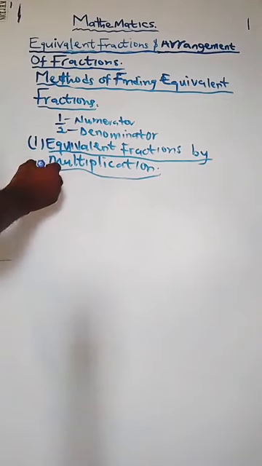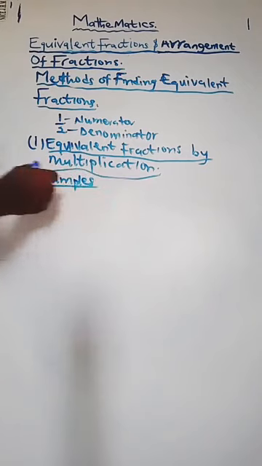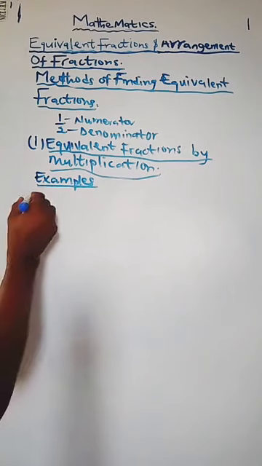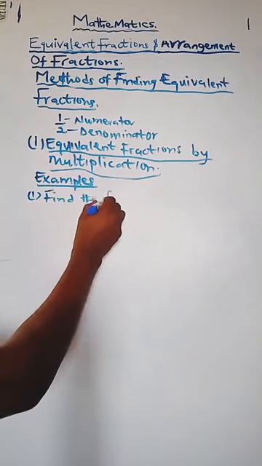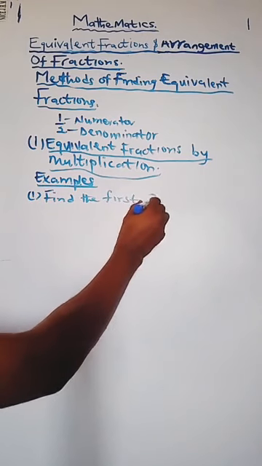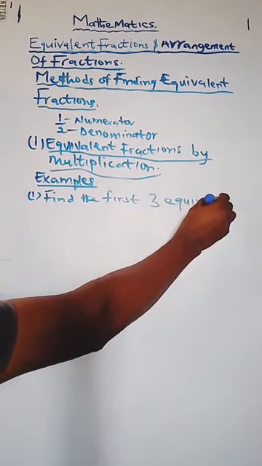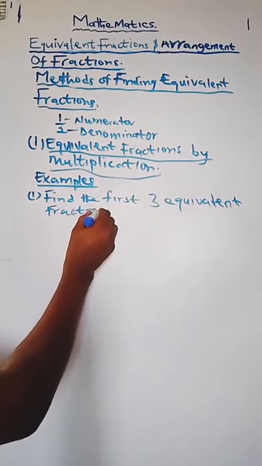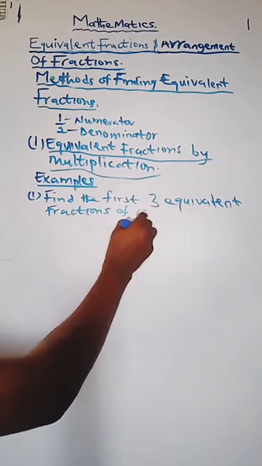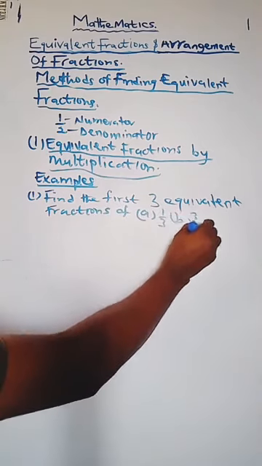Now, examples. Find the first 3 equivalent fractions of A, 1 over 3, B, 3 over 4.